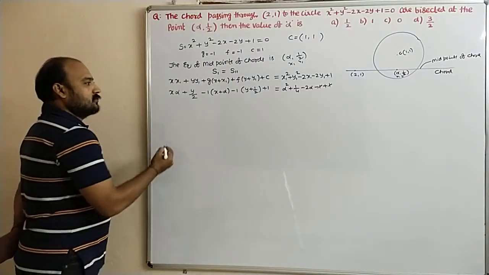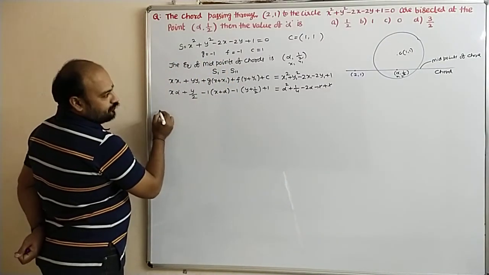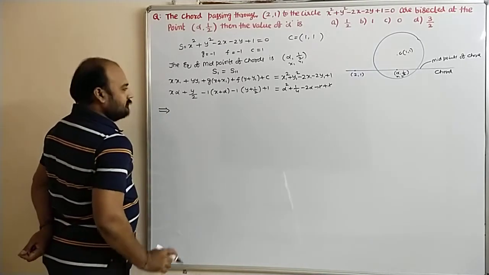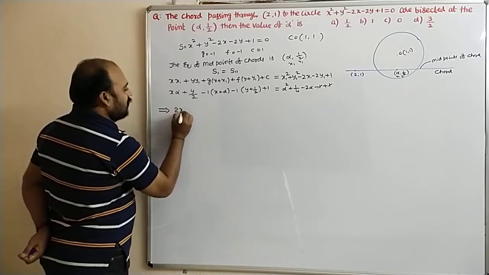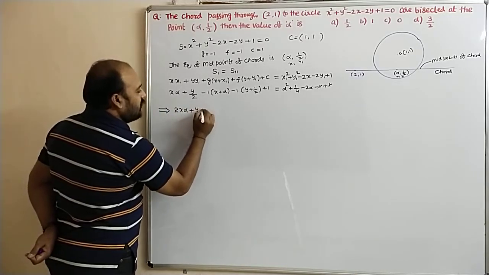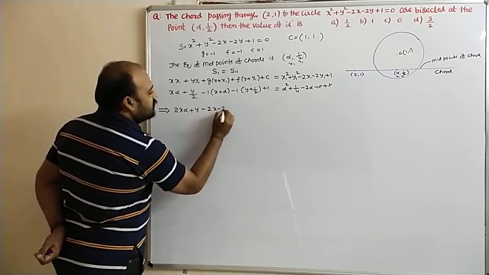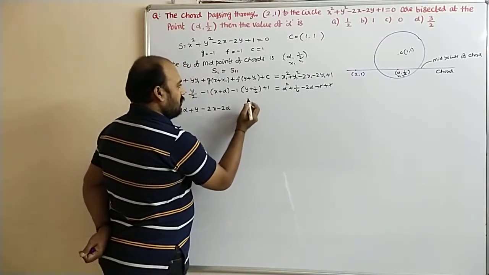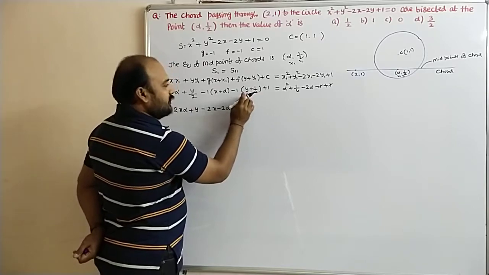After that, simplify. Here this side 2 is the LCM. So 2x alpha plus y minus 2x minus 2 alpha. Here after taking LCM, 2 is the LCM.